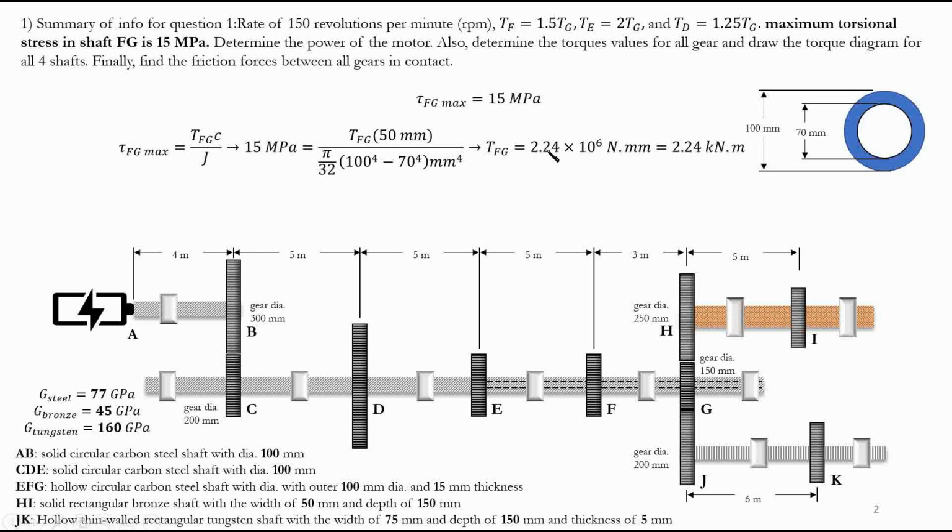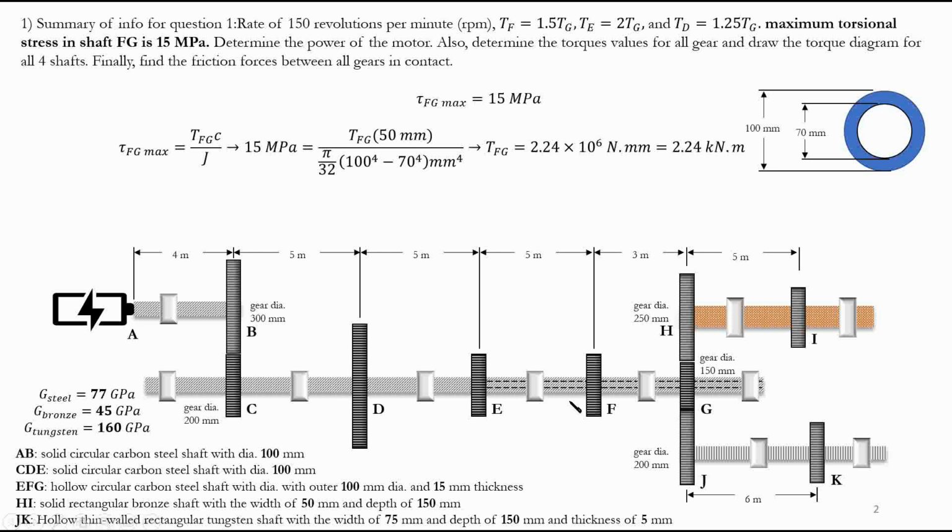But there's a point. I found one of the torque values, T_FG, the torque for portion FG. But based on this, I really can't find any of the other values, because the information I have is the relationship between the gears. So T_F is equal to 1.5 T_G.